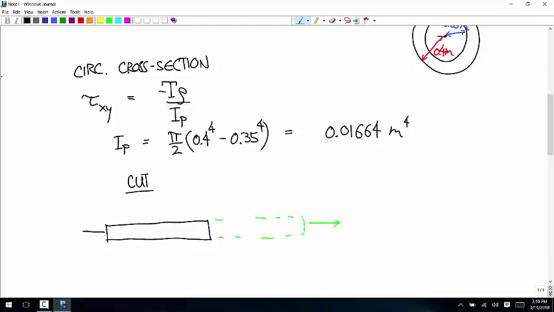So over here we have a torque of 10,000 to the left, and that's counteracted by this internal torque. Well, if this is going this way and that's going that way, those have to be equal magnitude. So the x component of the moment equation says the internal torque is positive 10,000.